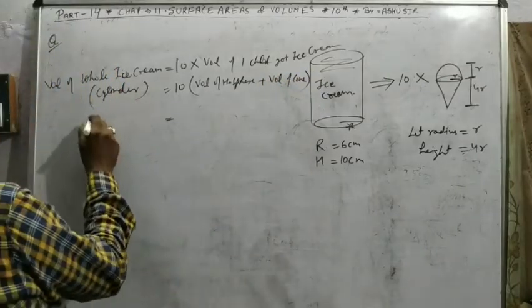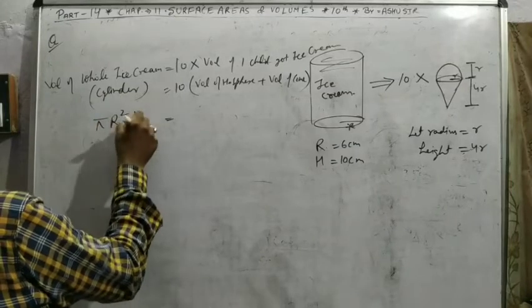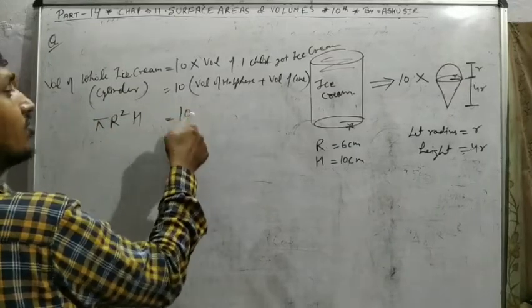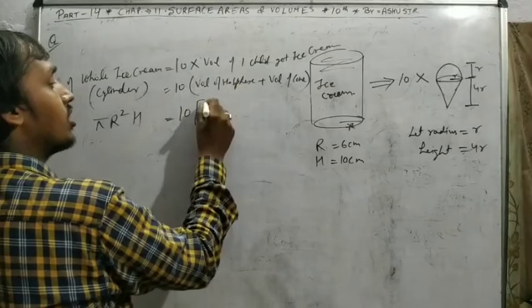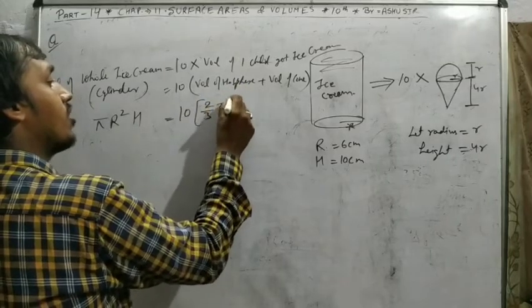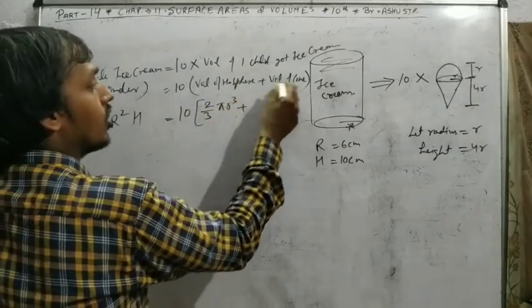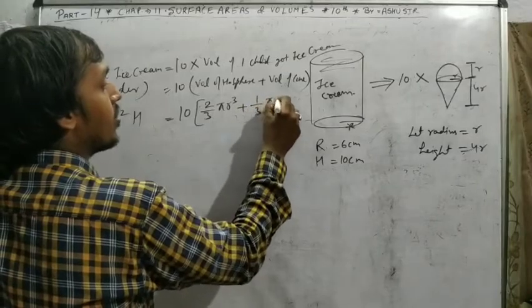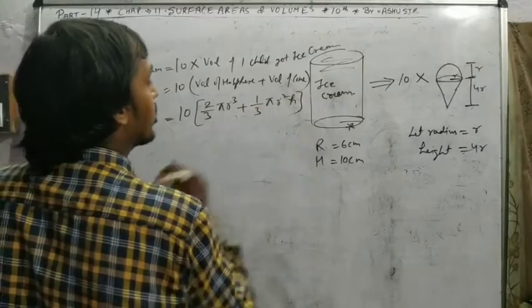Cylinder volume is pi r square h. Here 10 times: volume of hemisphere is 2 by 3 pi r cube, small r, and cone is 1 by 3 pi r square h.